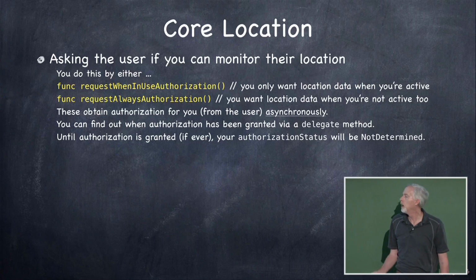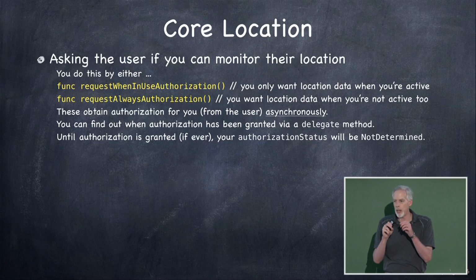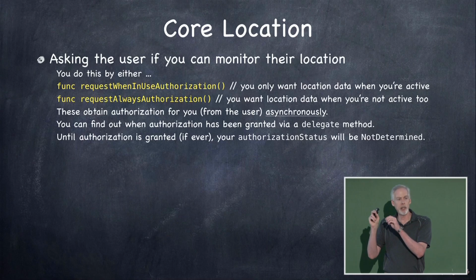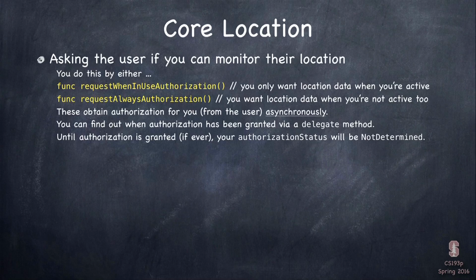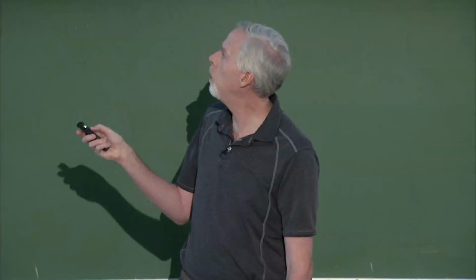Okay? Now, when you go off to request this authorization, if the user goes into settings and looks at location services, your app will be there. There has to be a switch they can click that says, yes, I'll allow this app to have always authorization or in-use authorization.